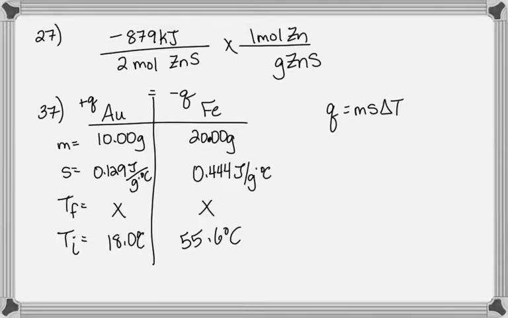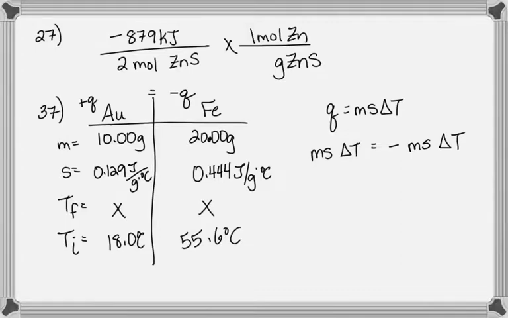So Q equals MS delta T for the gold is equal to the negative MS delta T for the iron. So how we're going to set that up is we're going to say the MS delta T for gold is equal to the negative MS delta T for iron.